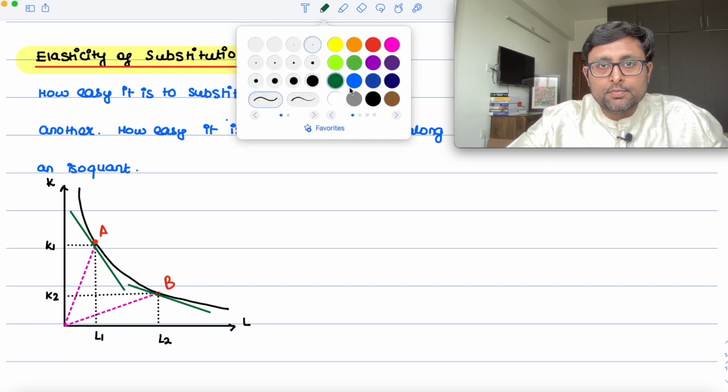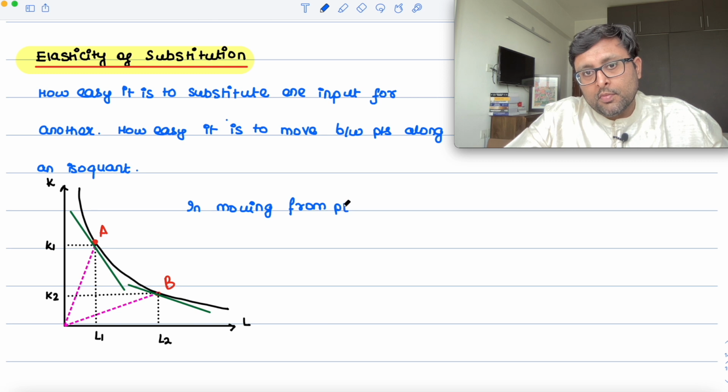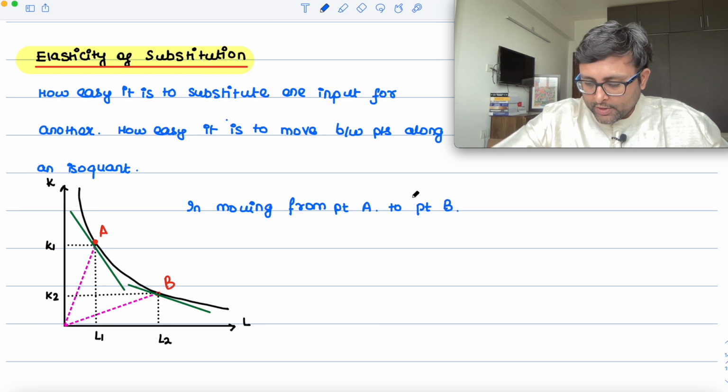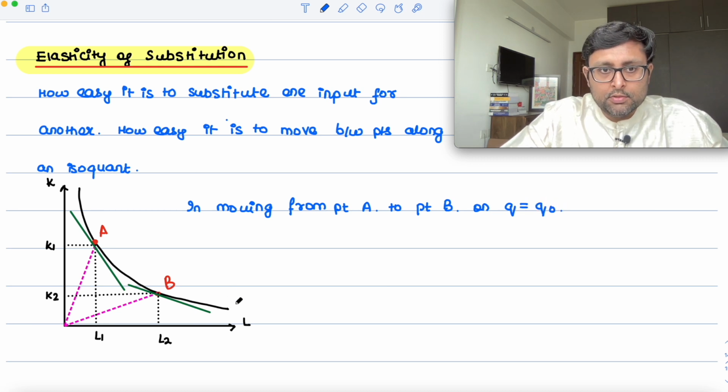So how do you do this? That is, in moving from point A to point B on Q equals Q naught. That is your Q naught isoquant, let's say.